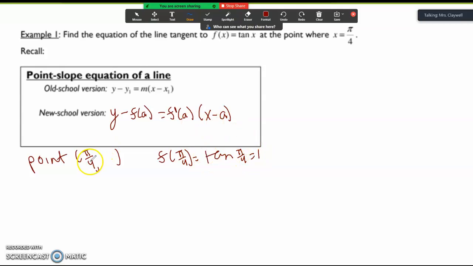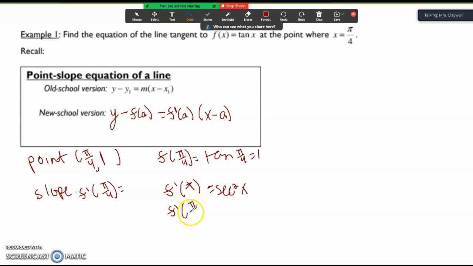Tangent of pi over 4 equals 1. So there's my point. My slope is going to be the derivative value at pi over 4. So first let's just find the general derivative. This is going to equal secant squared of x. And then I want that at pi over 4.